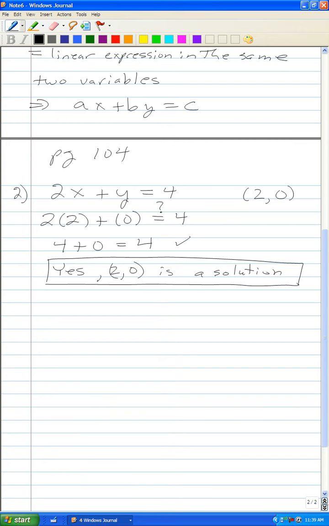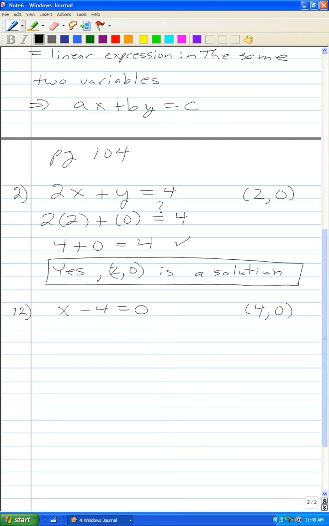Let's do problem number 12. Is (4, 0) a solution of the equation x minus 4 equaling 0?